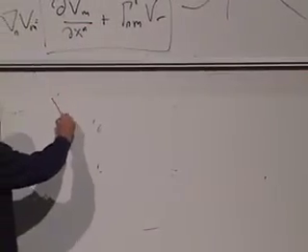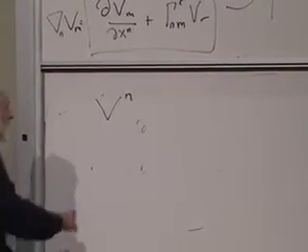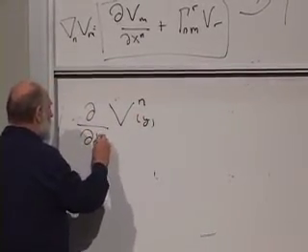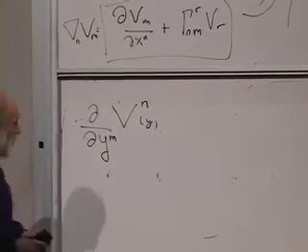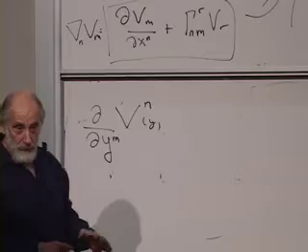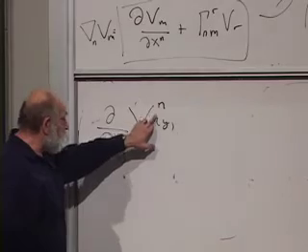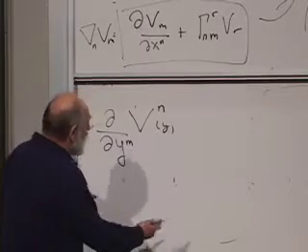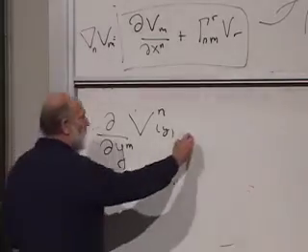For example, if you have a vector with an upper index n, again y components, and you want to differentiate it with respect to ym, that itself is not a tensor. For the same reasons, the contravariant components also depend on the direction of the axes. As the axes move around, you've got to keep track of that. The derivative of the contravariant components is not itself a tensor. This would be a tensor with one upper index and one lower index, but it's not.